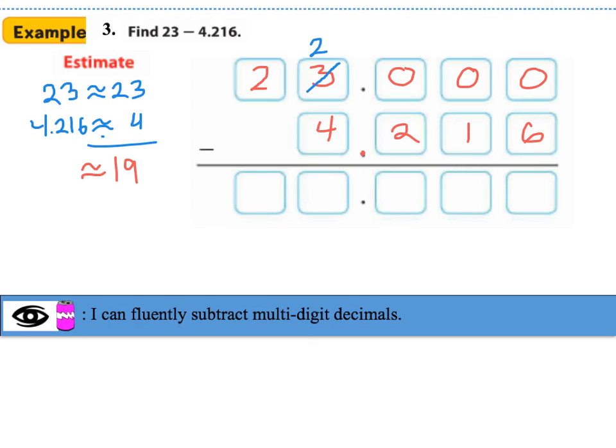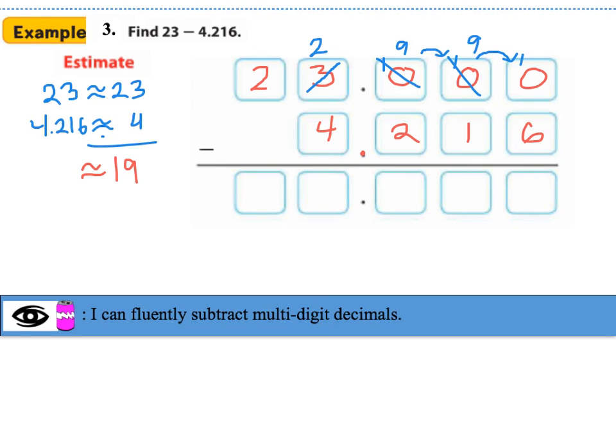That becomes a 2, and this becomes a 10. But if we look to the position to the right of it, we have to borrow again, so that becomes a 9, and this becomes a 10. Then if we look at the place value to the right of it, we have to borrow again, so this becomes a 9, and this becomes a 10.